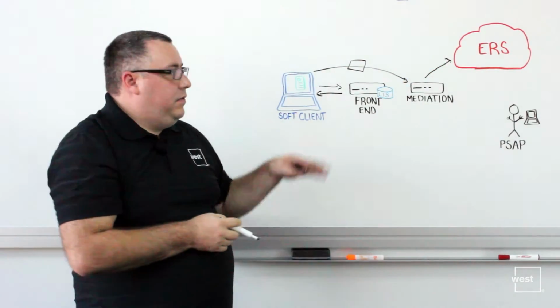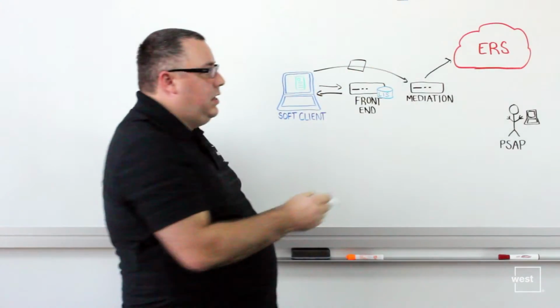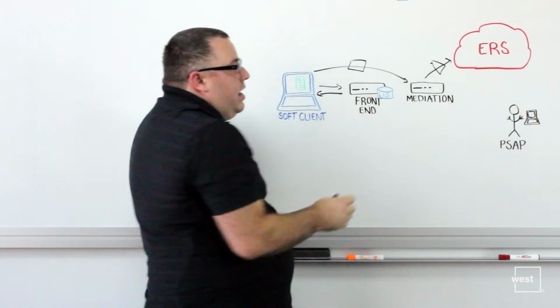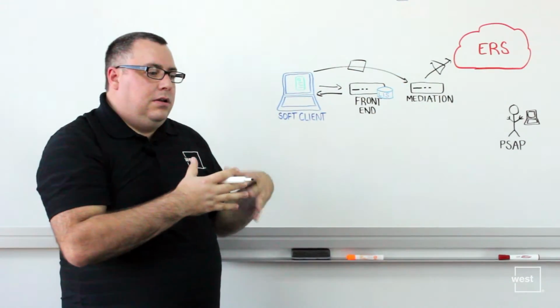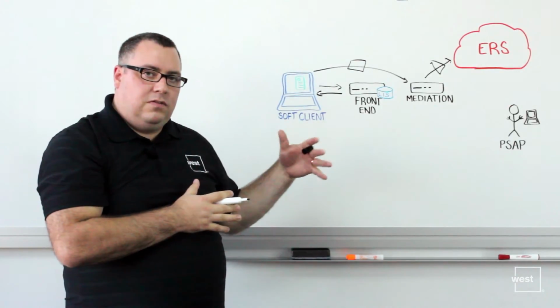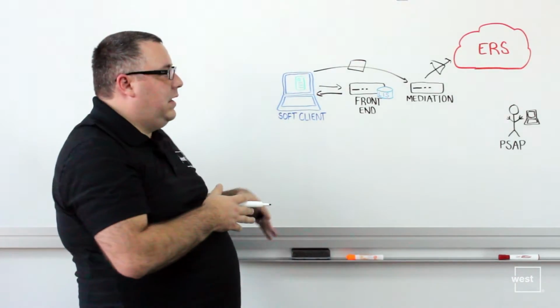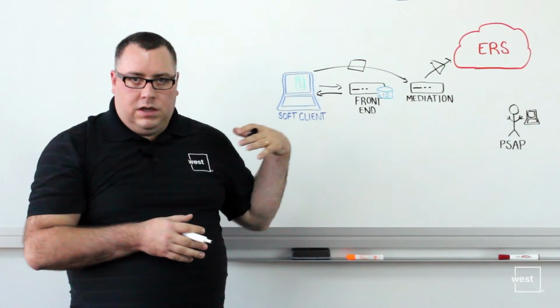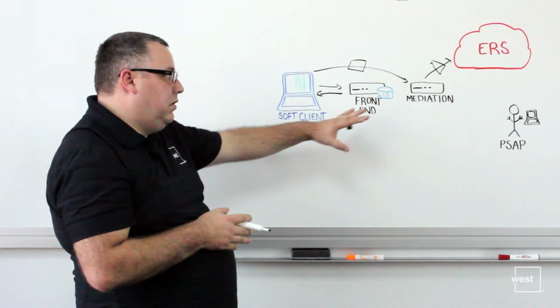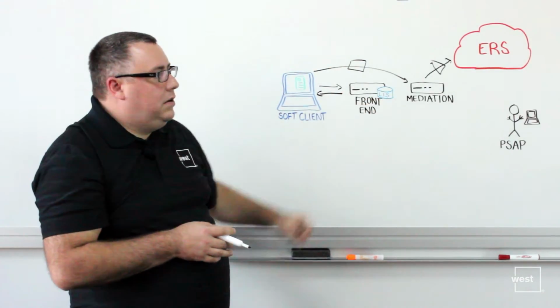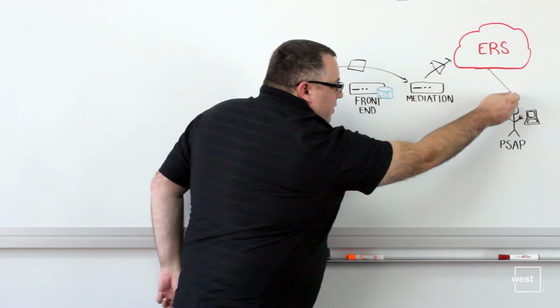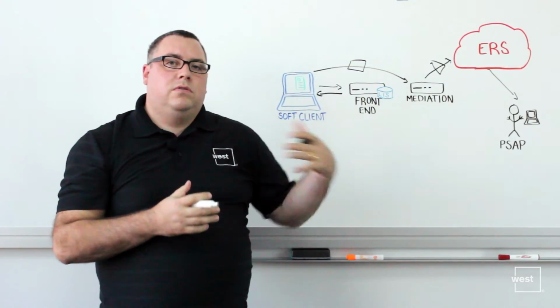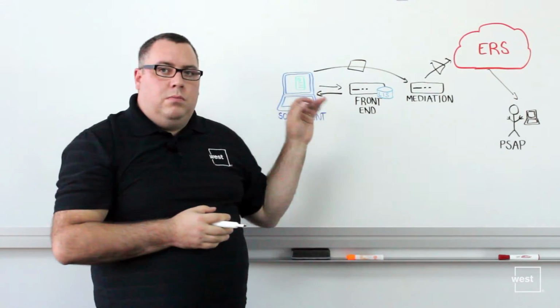The emergency routing service receives the XML location data that's been passed along, and it takes that PIDF-LO data and uses some mapping technologies to say this location is serviced by this PSAP. That goes along with the MSAG validation that you go through to manage the list data. The ERS will actually deliver the call to the answering point with all the location data as well as the callback number of the user.